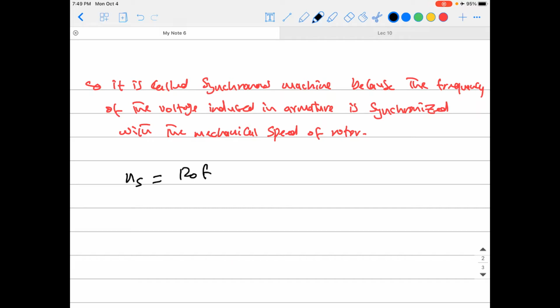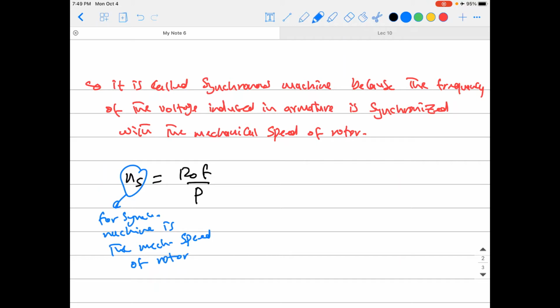What I'm saying here is keep this in your mind: Ns equals 120 f over P. That is a very, very popular relationship you will be using a lot. Ns, for a synchronous machine, is the mechanical speed of the rotor in RPM.